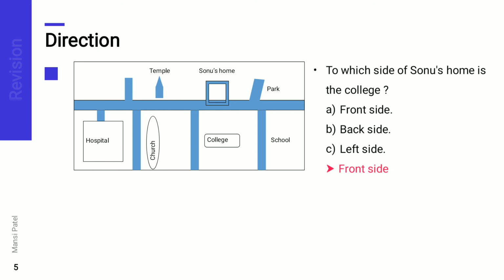So we can say that the college is on the front side of Sonu's home. Sonu's home and college are both situated on the front side of each other.